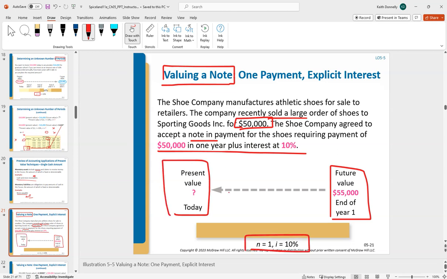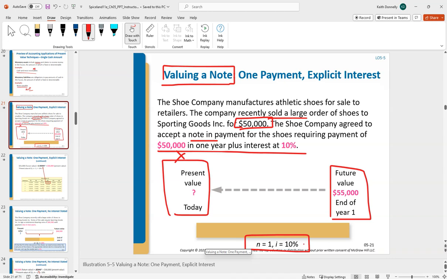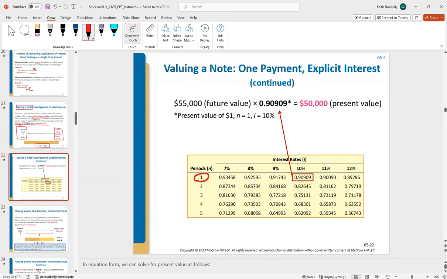It's really just showing that we're going to hide the shell over here. When it's a note, we'll give you the variables and you have to back into it. We have the future value times the factor from 1 and 10%. We use the formula, and the present value is $50,000.